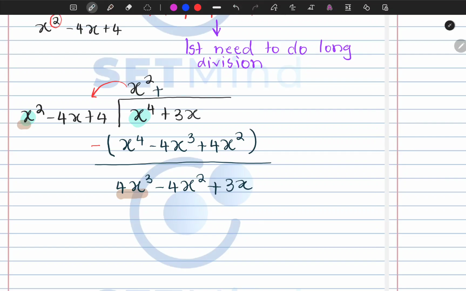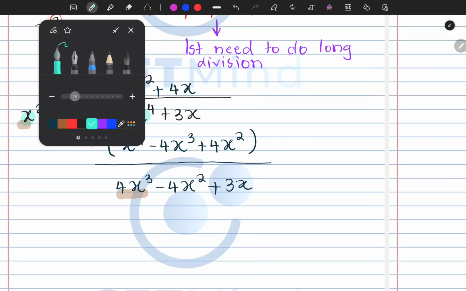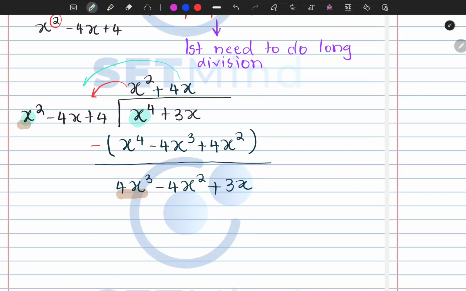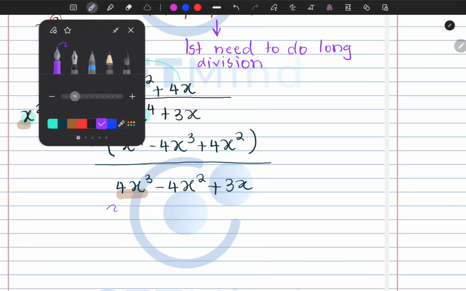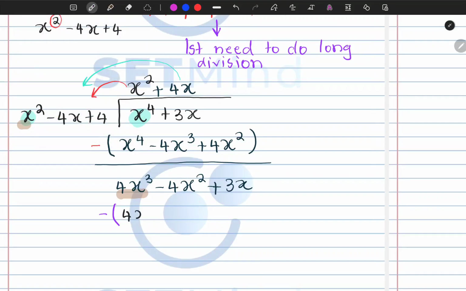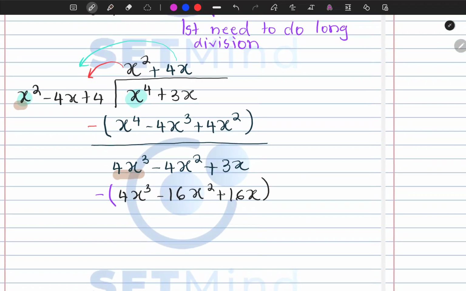So if you divide 4x cubed by x squared, what you should get is 4x. Then you take the 4x, you multiply by it there, and you will get 4x cubed, then minus 4 times 4, that will be 16, so minus 16x squared, and then plus 16x, like that.